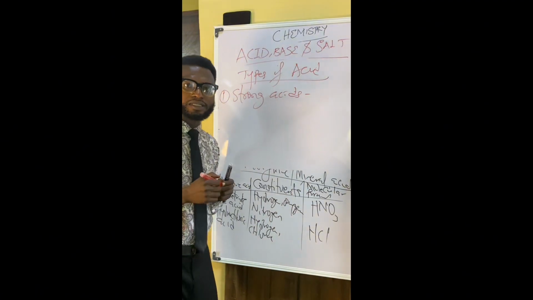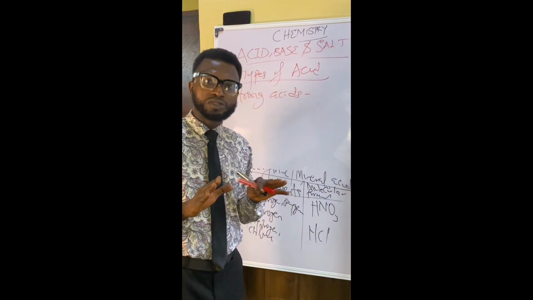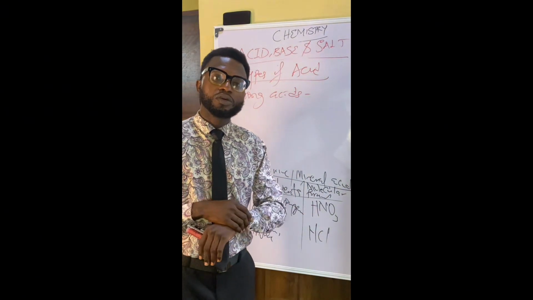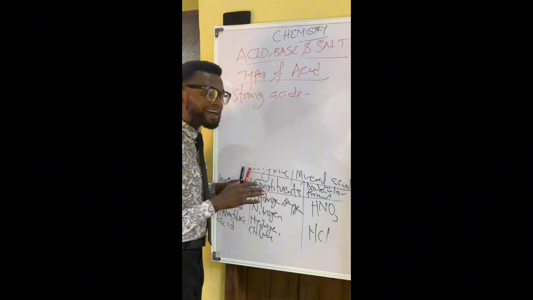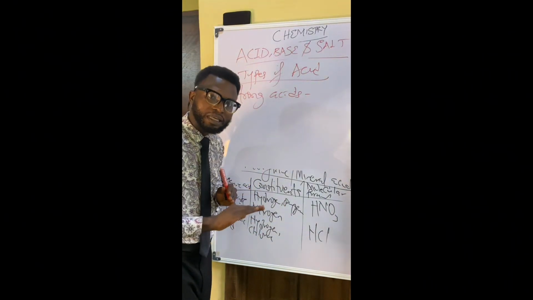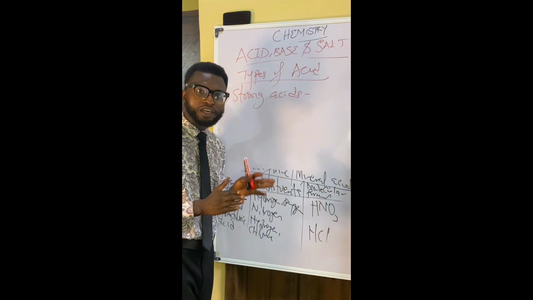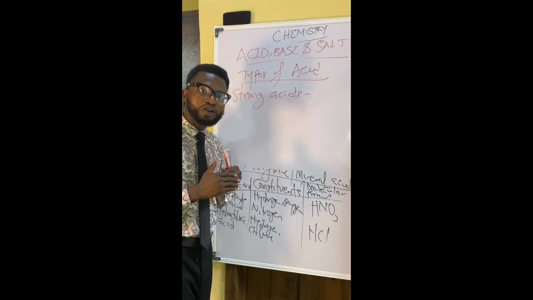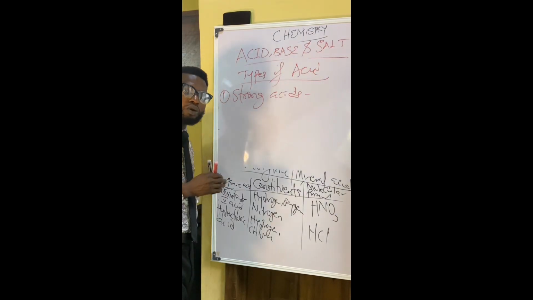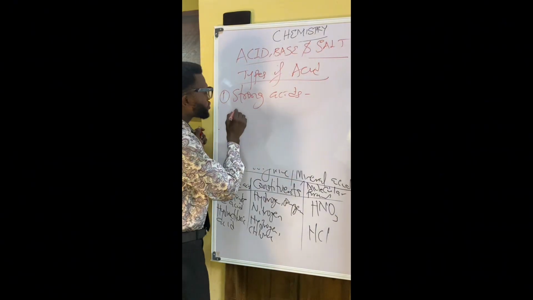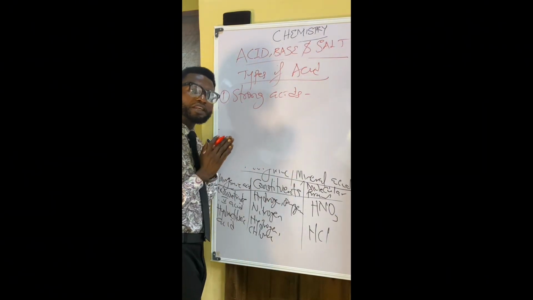What are strong acids? Acids can be classified into two types based on their strength. We have what is known as the strong acids. These are acids that ionize completely in water or in aqueous solution to produce a considerable number of ions. Now, what are examples? For strong acids, they can be divided into two.